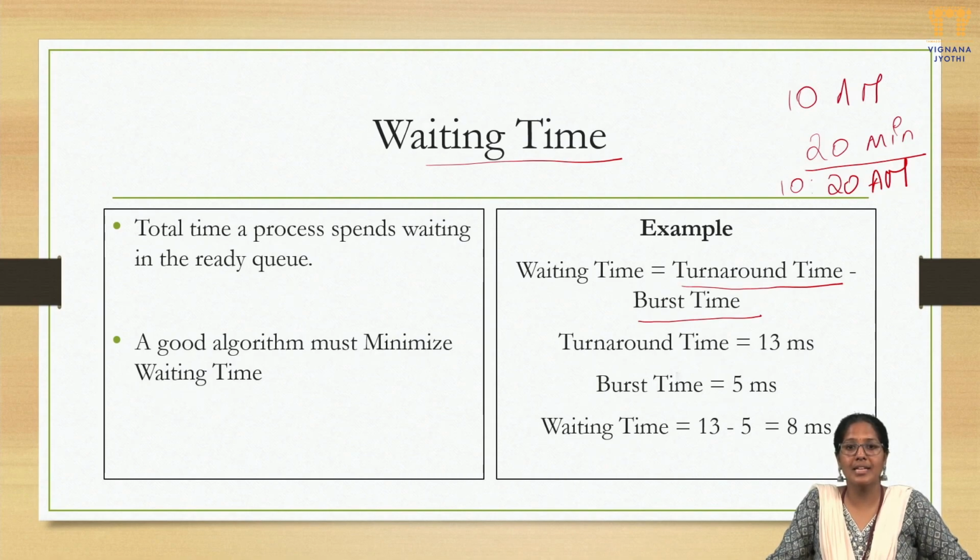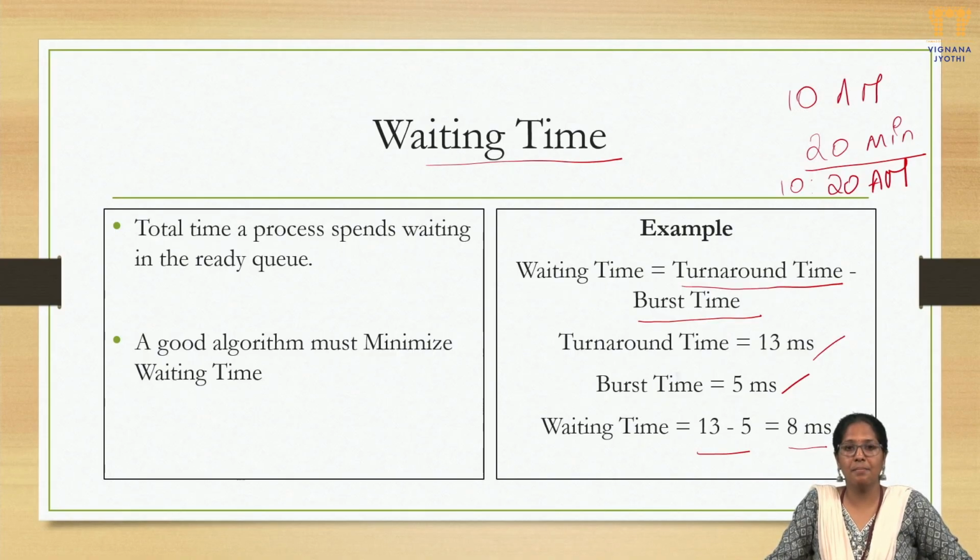Suppose a process has a turnaround time of 13 milliseconds and requires 5 milliseconds of CPU execution time, which is going to be our burst time. Then using the above formula, the waiting time is 13 minus 5, which gives us 8 milliseconds of waiting time. Together, the waiting time and burst time make up the total turnaround time.